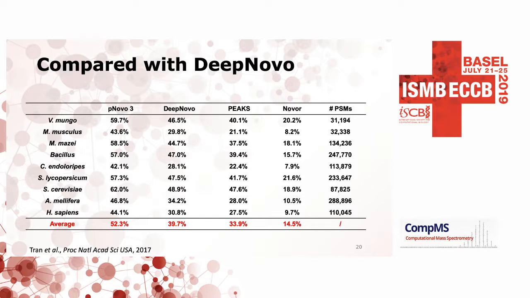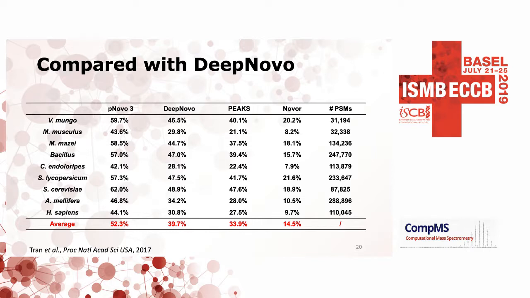DeepNovo combines the deep learning approach and the dynamic programming together. It predicts amino acids one by one. But pNovo 3 splits the whole workflow into 2 steps. First, it uses the traditional de novo sequencing algorithm, the spectrum graph approach, to generate a few top-ranked peptide candidates. And then it uses a deep learning approach, for example, pDeep, to extract more features to refine the scoring function.